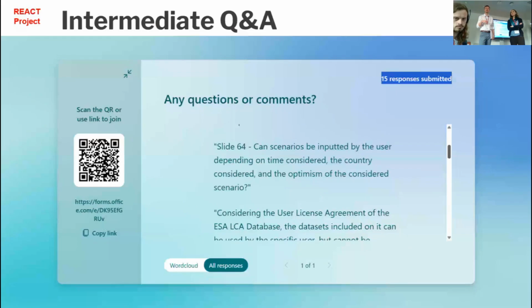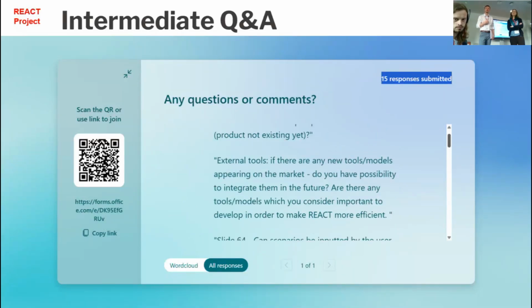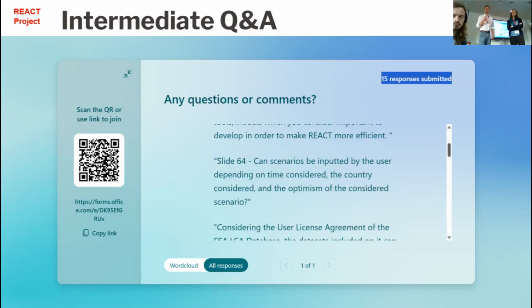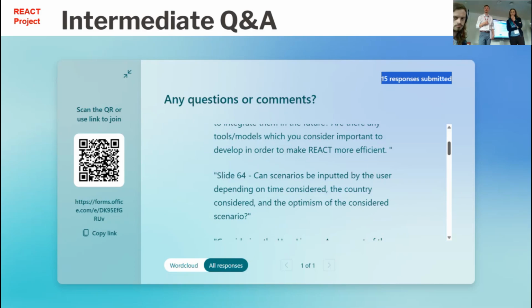We will be using the tool ourselves as a service for customers, and there exists an Ecoinvent license, and therefore also access to the ESA database. Later on, when the tool will be distributed with a license, we will need to have this sorted out for being able to distribute the Ecoinvent datasets.